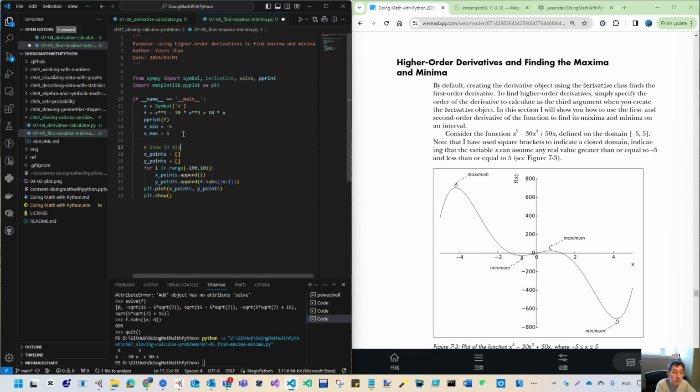Let me put this just as our sample, showing this line curve plotting. So let's make that here. Then what we will do, let's see here. I can do another way.